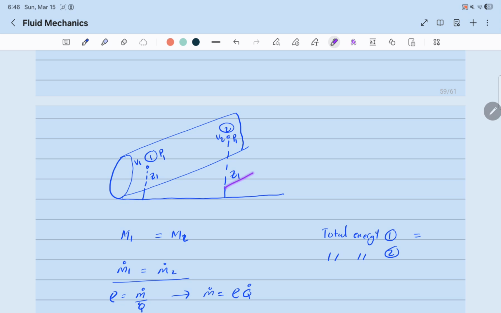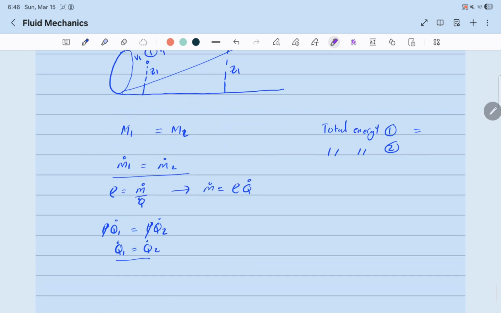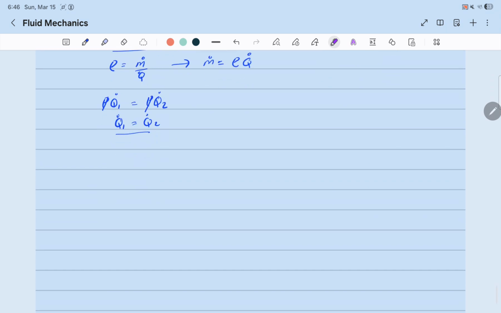Okay, so if we know, for example, the elevation of point 2, and the velocity and the pressure are unknown, we can use these parameters with the continuity equation or Bernoulli's equation. We can find P1. Now, Bernoulli's equation has 3 forms.